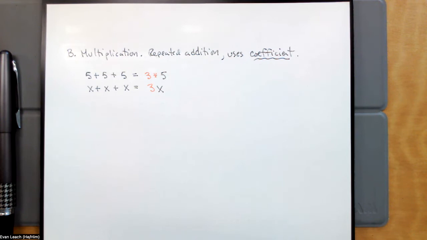Sometimes we forget about these things because we start looking for patterns rather than understanding what we're writing. x plus x plus x is 3x. 3 is the coefficient.